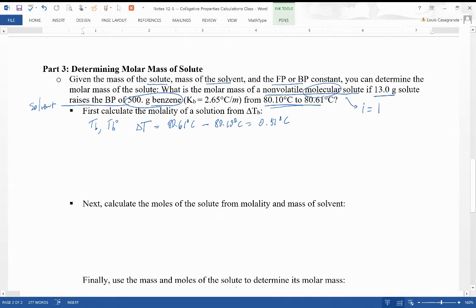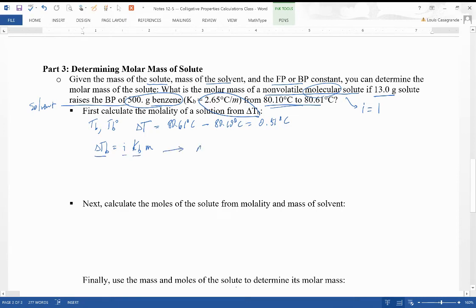From the delta T and the KB. So remember that the delta TB is equal to i times KB times the molality. Well, we have the delta T, we have i, we have KB.